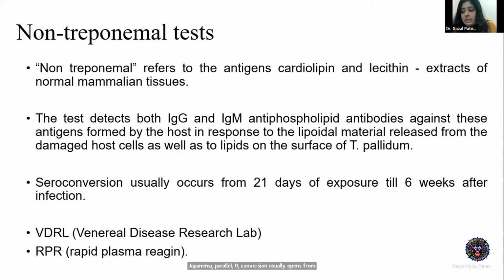The two most commonly used tests are VDRL, that is Venereal Disease Research Laboratory, and the RPR, Rapid Plasma Reagin, as well known to all. But they have their limitations, such as reduced sensitivity in primary, late latent, and tertiary syphilis.